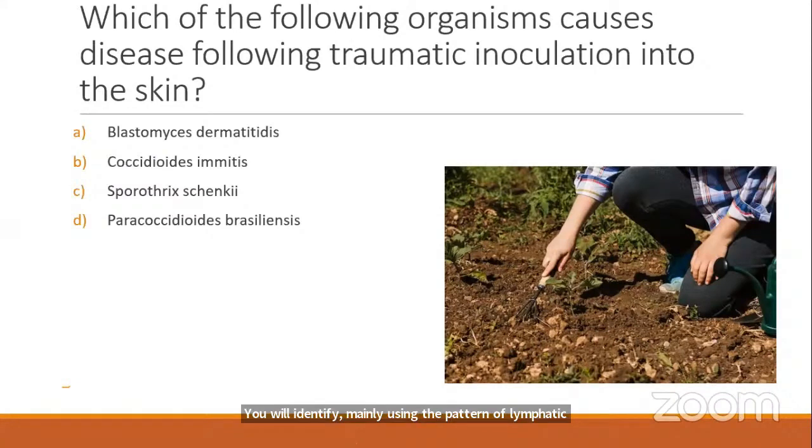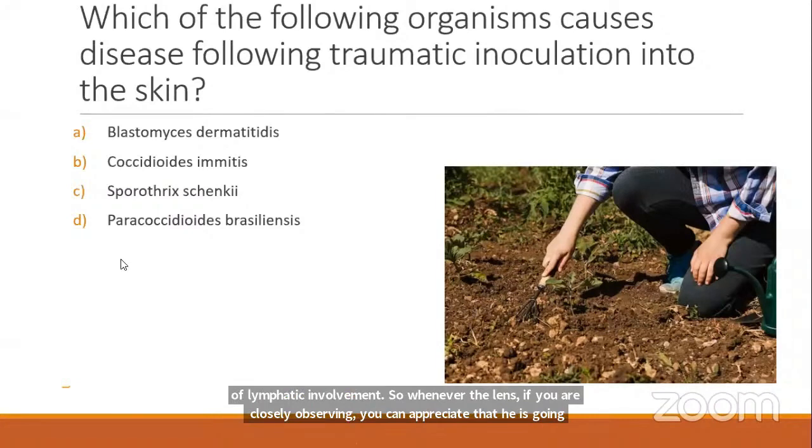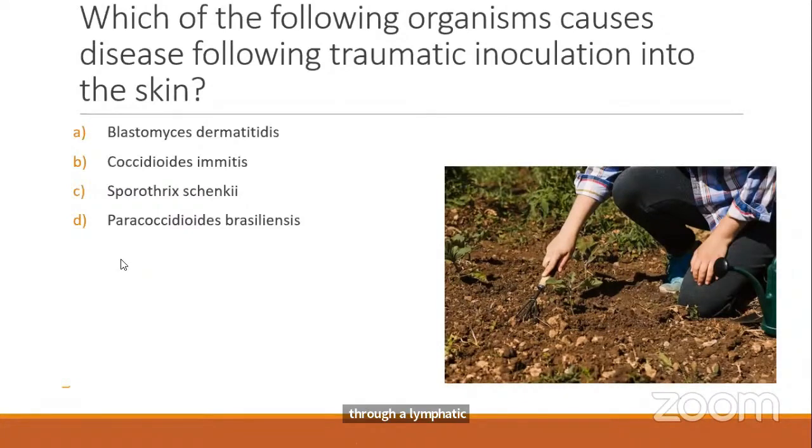If you are closely observing, you can appreciate the lesions going along a lymphatic pattern. So whenever you see a history of copper penny bodies and verrucous or ulcerative lesions, go for the diagnosis of chromoblastomycosis. Whereas whenever you see a lymphatic pattern, go for Sporothrix schenckii infection. Okay.